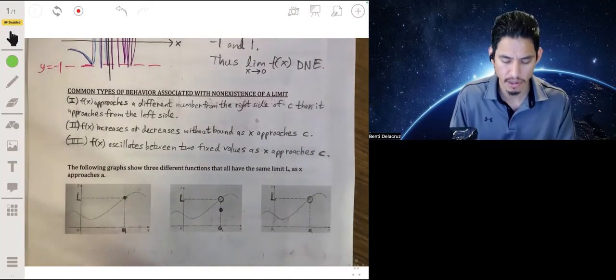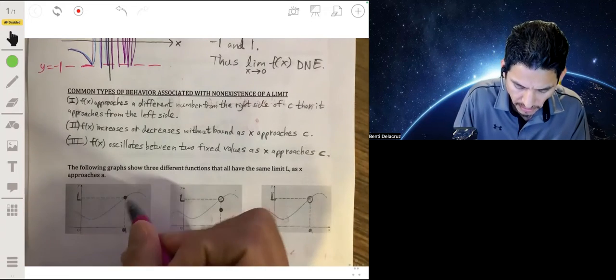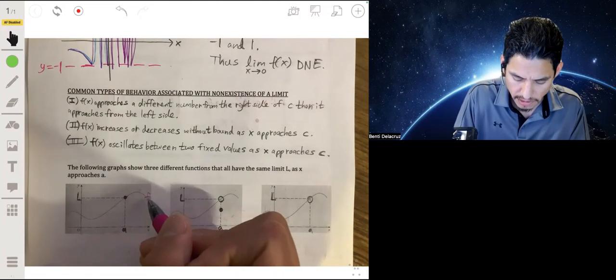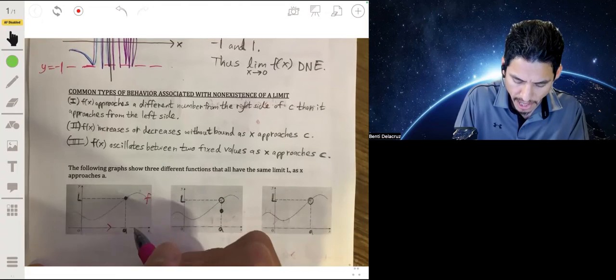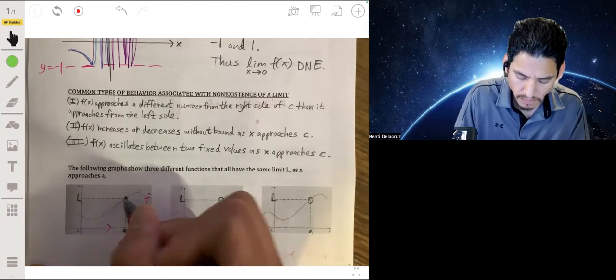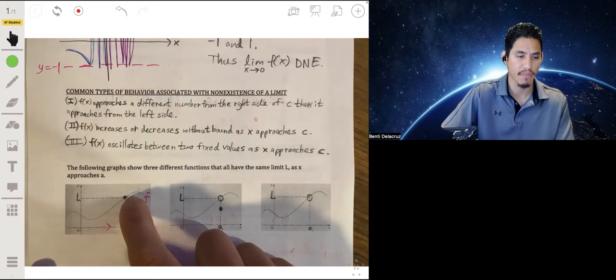Okay, so what's going on here? For this first graph, this is our function, we'll call it f. As we're approaching A from the left side and from the right side, it's going to basically just be equal to whatever the y value is at that point.